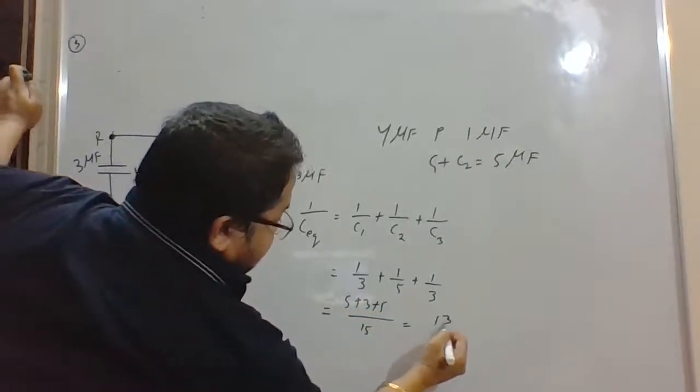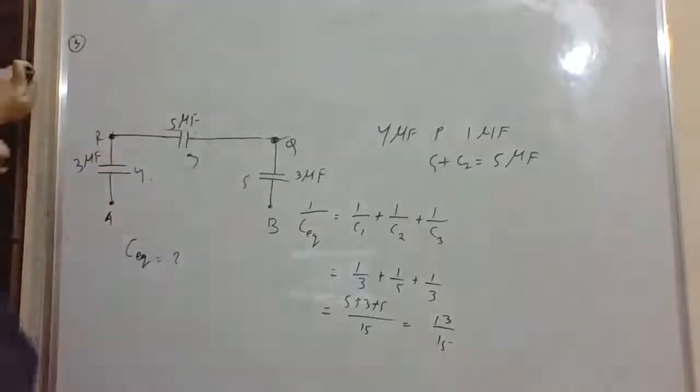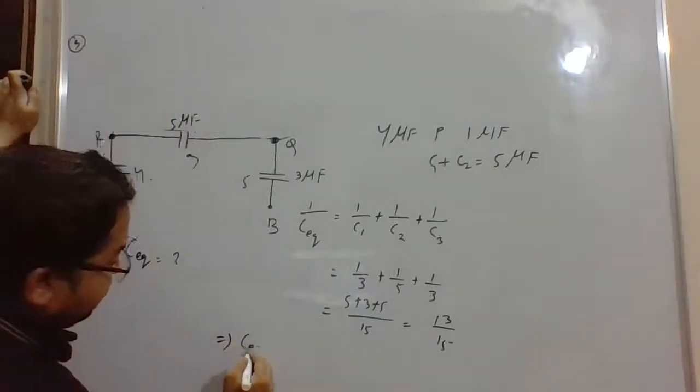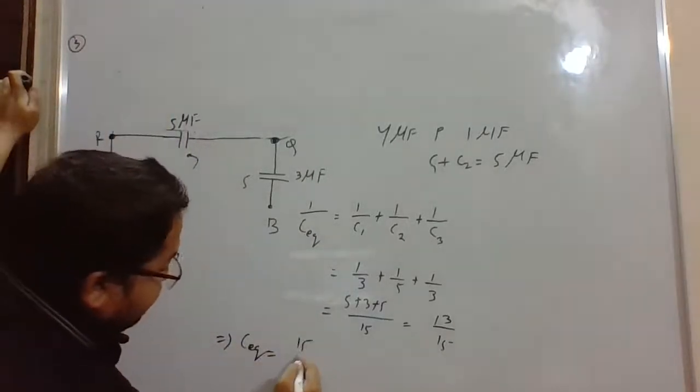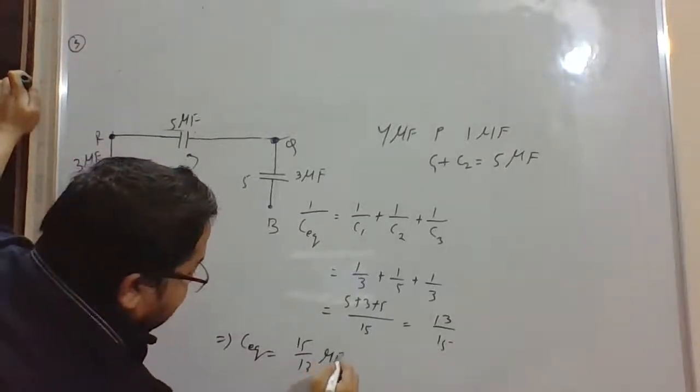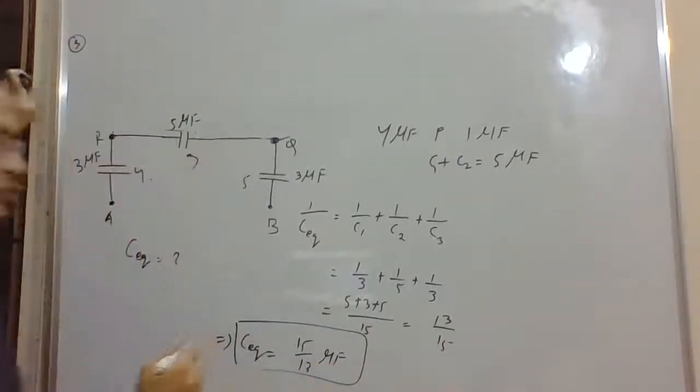So that is nothing but 13 by 15, or your C equivalent would be 15 by 13 microfarad. That's the answer.